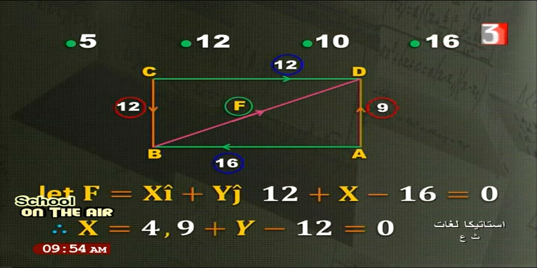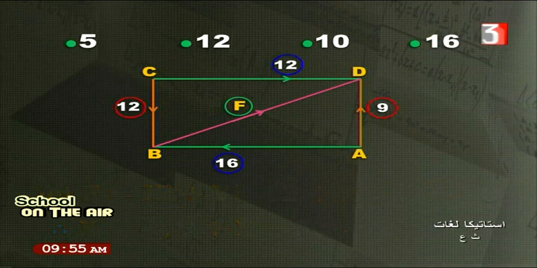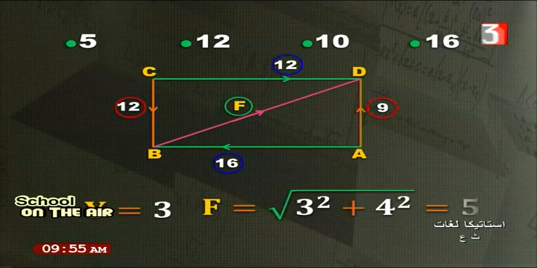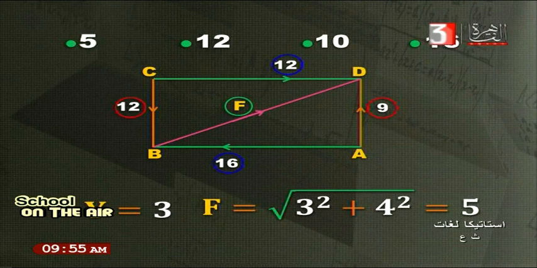The forces in horizontal, 12 plus x negative 16, must equal 0. Why? Because the summation of the forces along the x-axis equals 0. Also the summation along the y-axis equals 0. We deduce that x equals 4 and y equals 3. Therefore, F equals the square root of 3 squared plus 4 squared, which equals 5. Then the correct answer for the force F is 5.